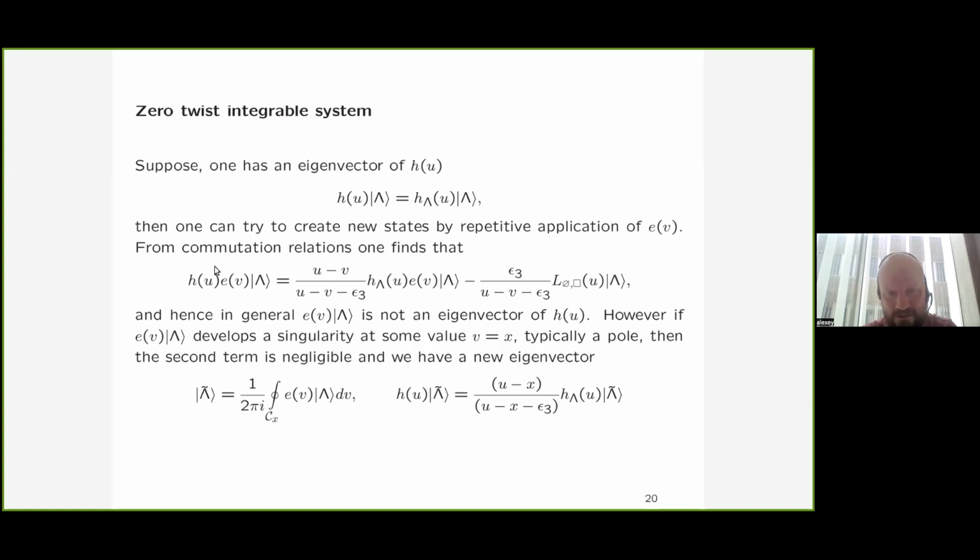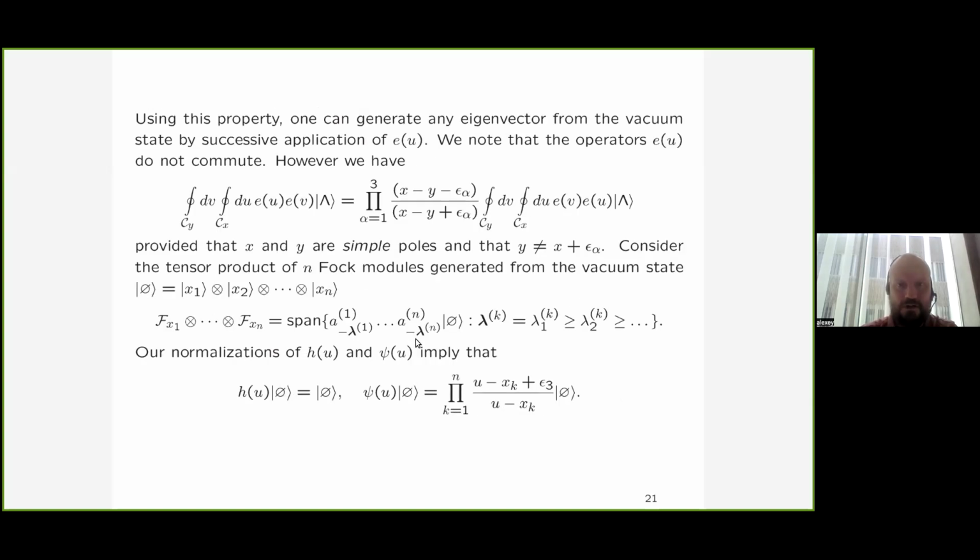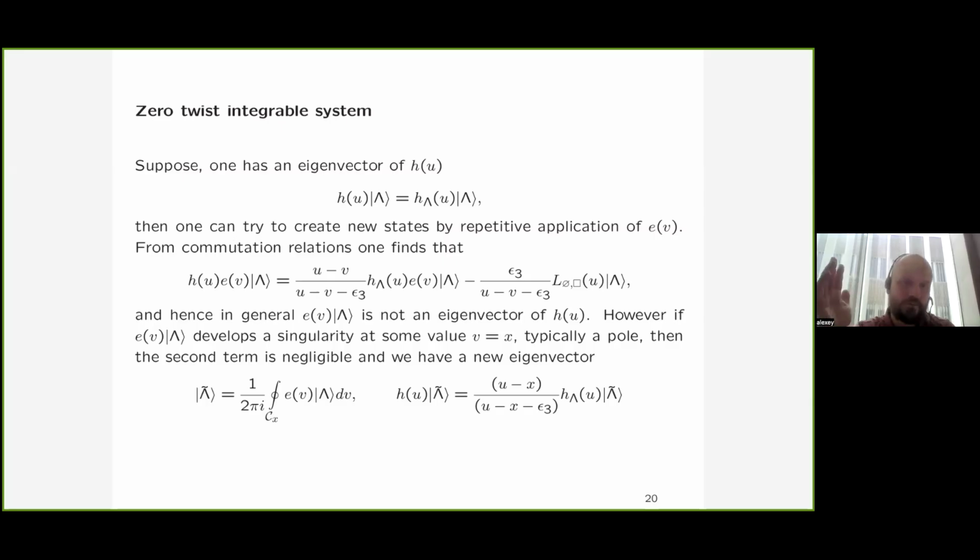If the left-hand side does have a pole at some value x, then on the right-hand side only the first term might have a pole, because the second one is a local term which does not depend on v, the variable in which my expression develops a singularity. That's why if this is the case, then the residue of this pole, I'll call it Lambda tilde, is a new eigenstate. Moreover, you can easily compute the eigenvalue just from this commutation relation. That's a very simple idea.